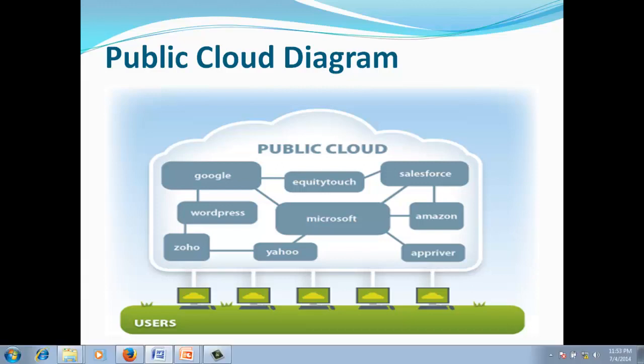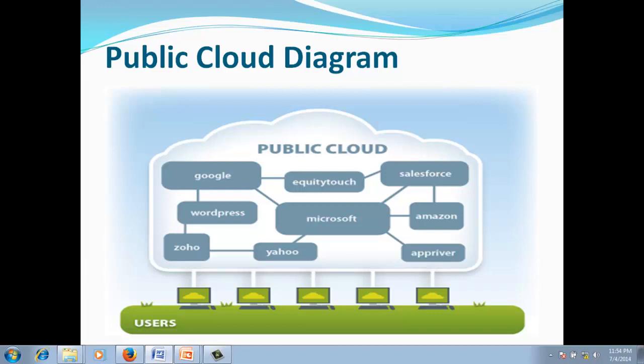Coming back to the public cloud, public clouds are made available to the general public by a service provider who hosts the cloud infrastructure. Generally, public cloud providers like Amazon AWS, Microsoft and Google own and operate the infrastructure and offer access over the internet.